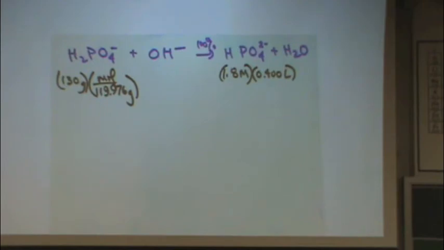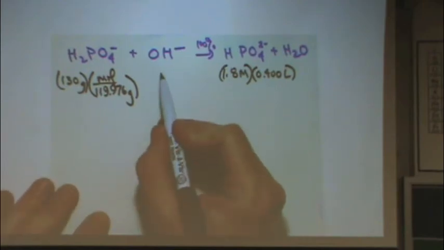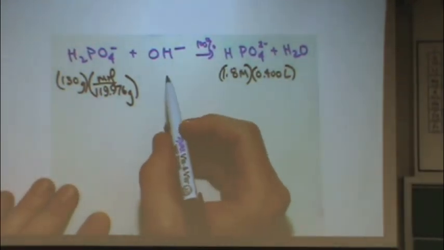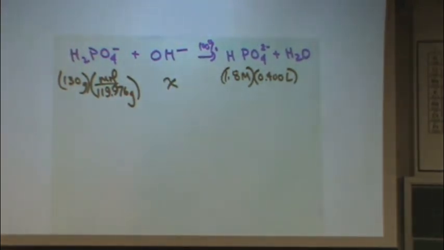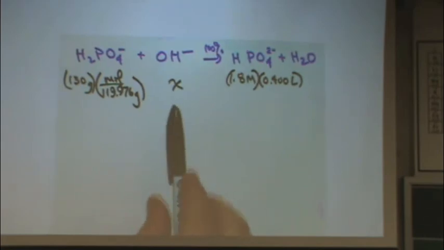Now I want to know, how many moles of this do I have? Hard to say. Let's just use X, like I used in the question. You could use any variable you want. In any buffer problem, that's always going to be the least amount. I'm adding just a tiny bit of X to shift the equilibrium over.